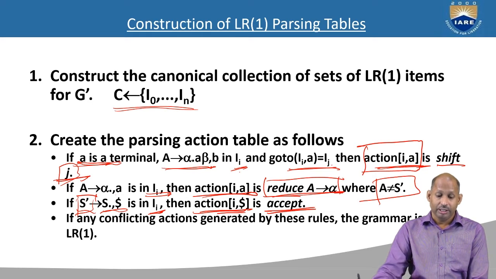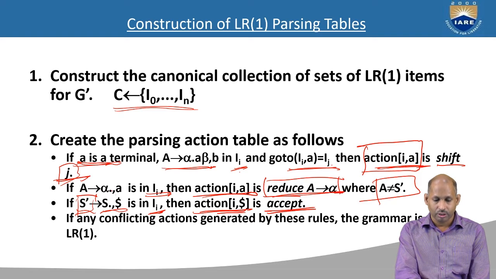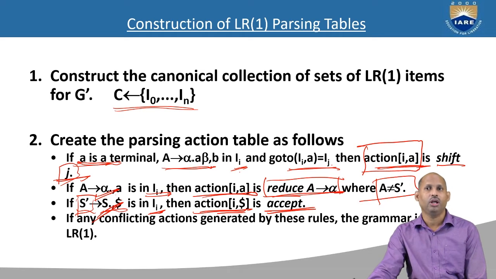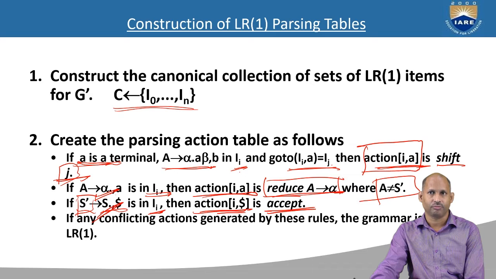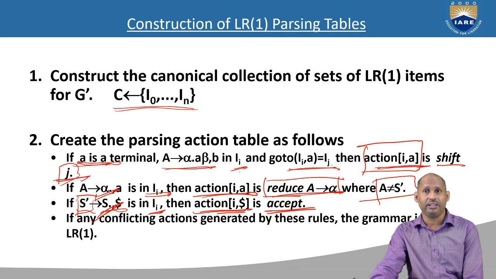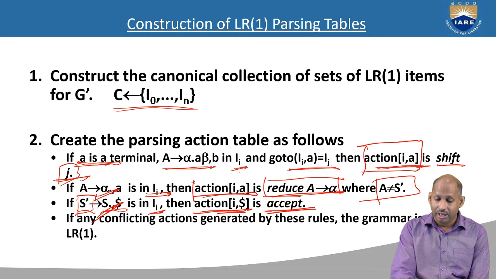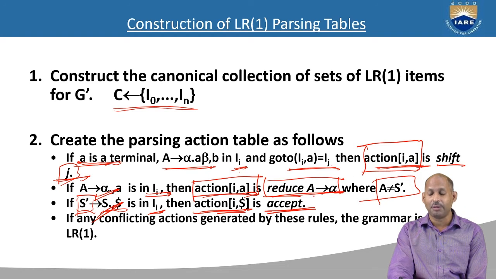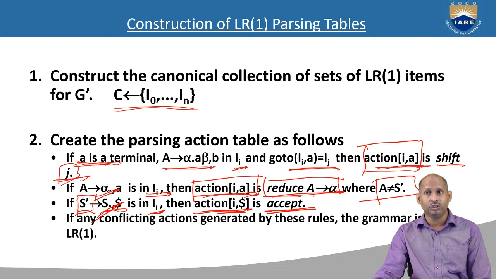Then when the dot is at the end, and that A is a variable and not S dash, action[I, a] is reduce by the production A gives alpha.